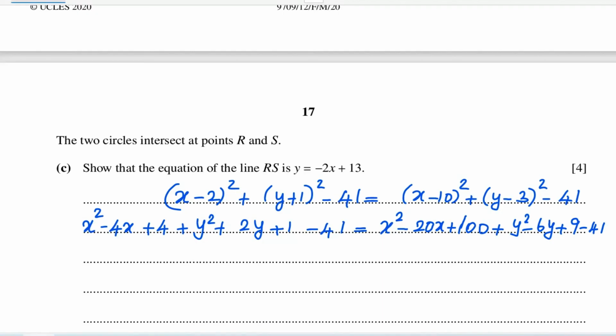So the x squared gets cancelled, minus 4x and minus 20x, we will get minus 16x.